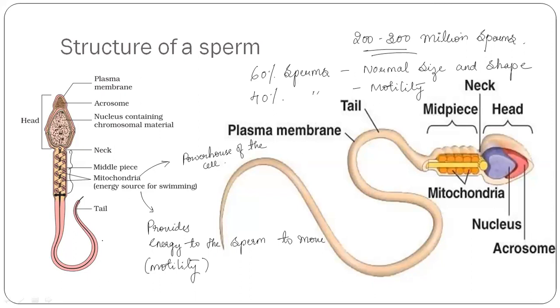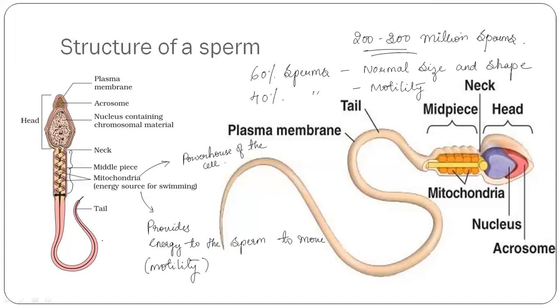Now, who provides the energy here? The mitochondria provides the energy for the sperm to move. And what is mitochondria? Mitochondria is nothing but the powerhouse of the cell, and it helps the sperm to move easily.